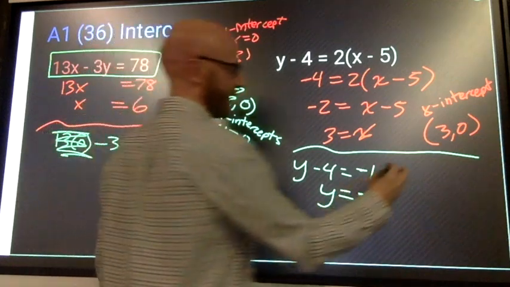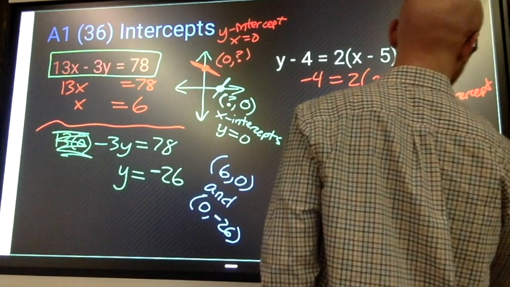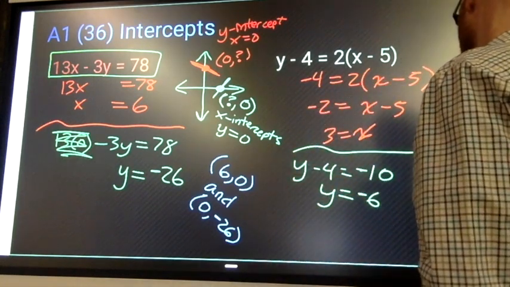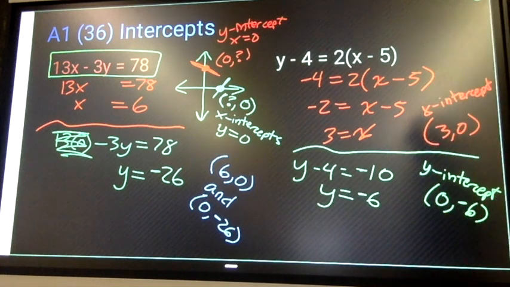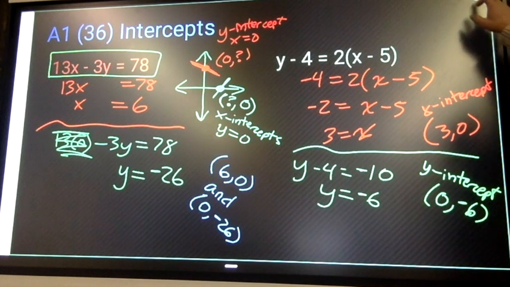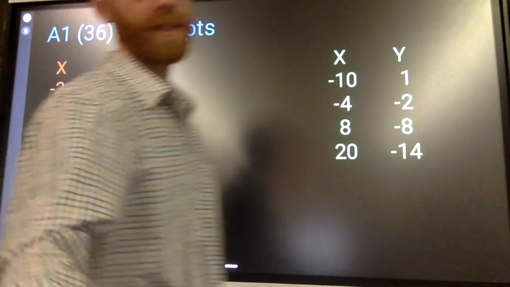So my y-intercept is negative 6, or 0, negative 6. X is 0, y is negative 6. So that's finding intercepts from an equation.